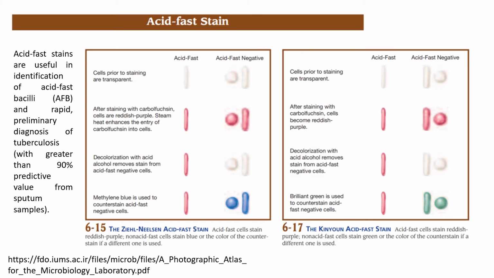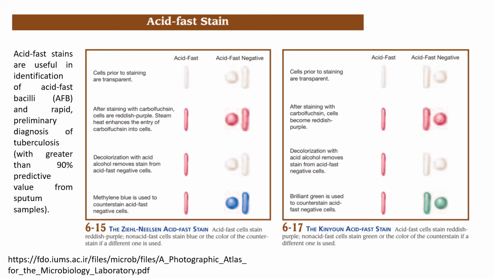Okay. So another type of differential staining, we have acid-fast stain. So acid-fast stain is differential staining, and of course it detects cells capable of retaining a primary stain when treated with an acid alcohol.